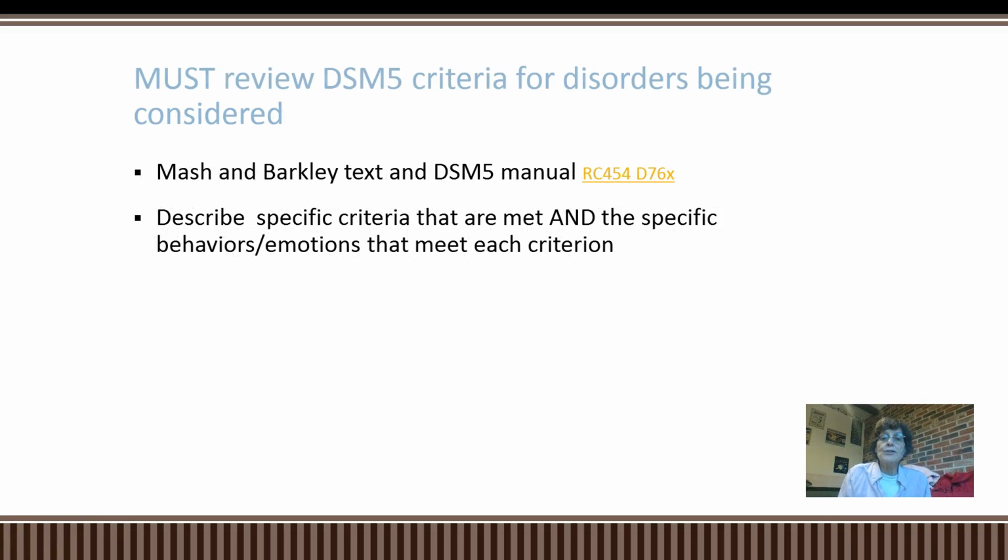So in order to really do that, you have to review the DSM-5 criteria. In almost all cases, the criteria are listed in the Mash and Barkley text, and or you can also go to the DSM manual, which is online. There's an e-version of it in TU Library that will allow you to go through all the criteria as well. Okay.